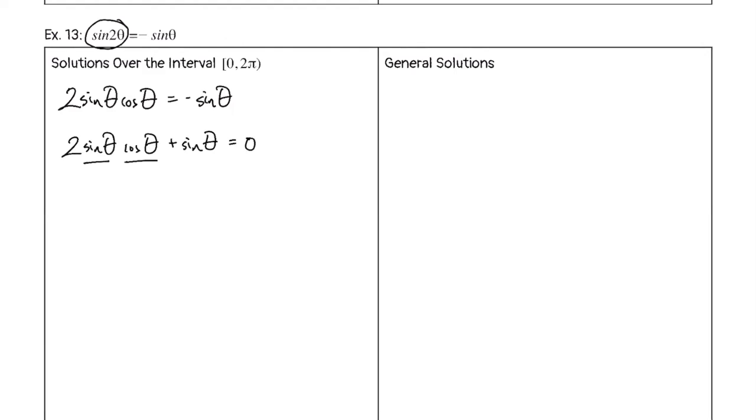The nice thing about moving everything to one side and setting it equal to 0 is we can still factor here. It's not a quadratic in that sense, but we can factor out the sine because we actually have a greatest common factor.